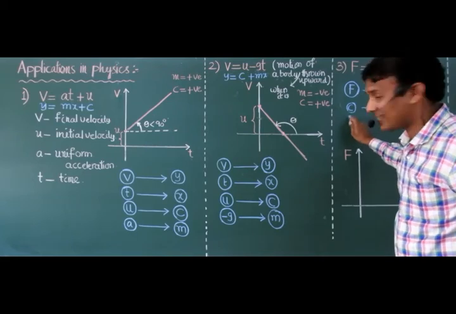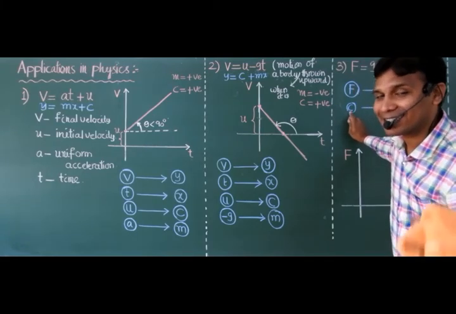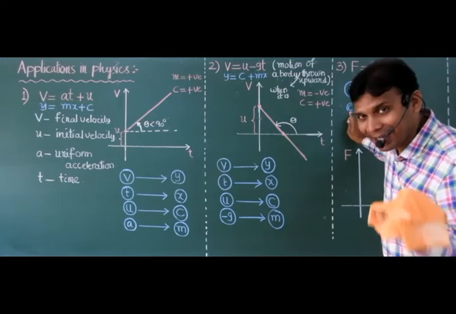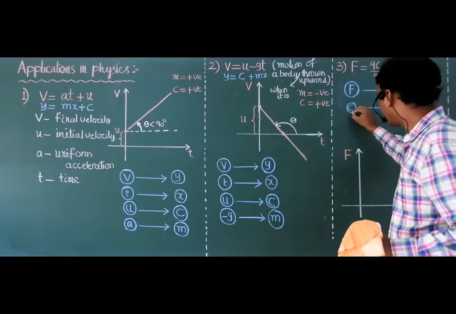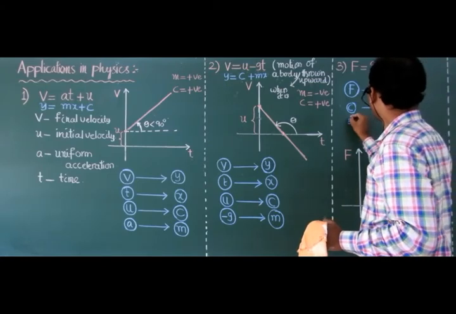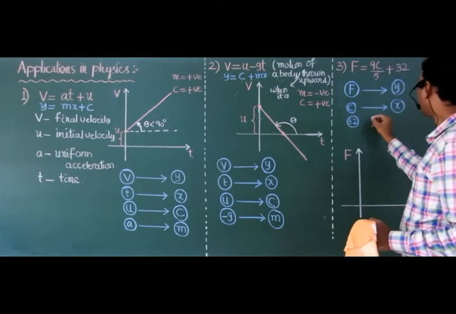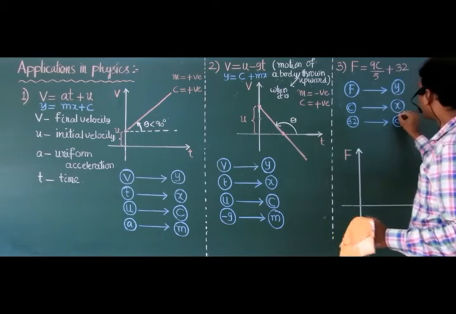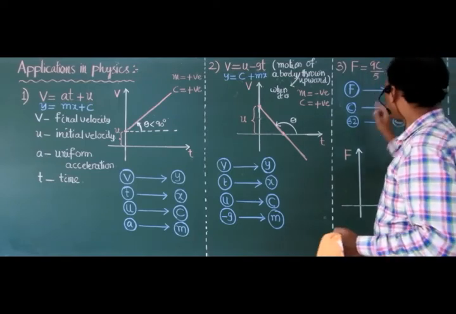See, these are physics symbols. C, Celsius. It is a temperature scale. Next, 32. 32 is the intercept. Intercept. 9 by 5.